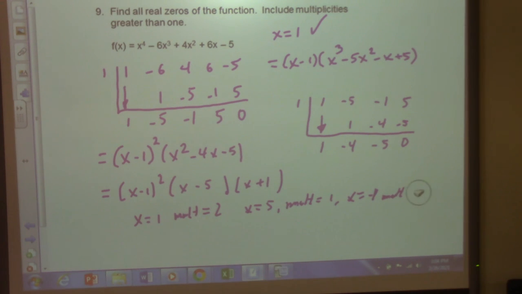So we have all those things here. Okay, so some good work there. So really that's it, right? On number 9.